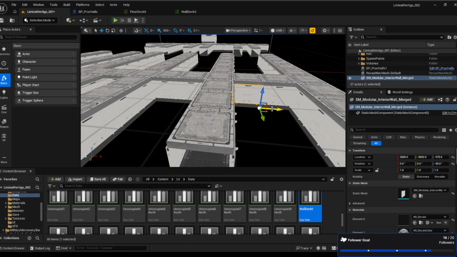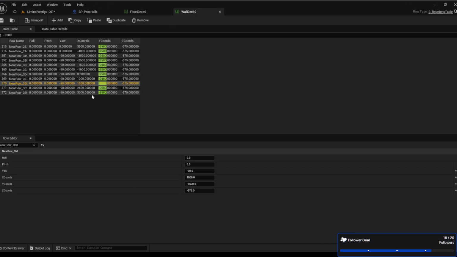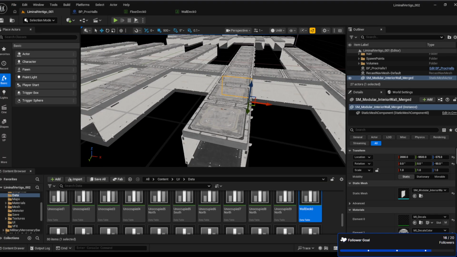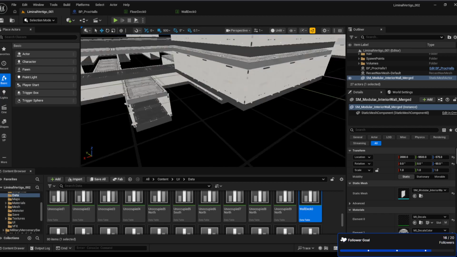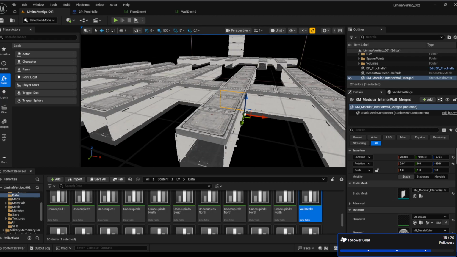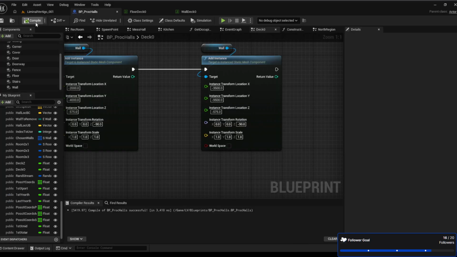So 2,500 needs to change to 2,000. All right. Okay. Let me make sure. Compiling that in.